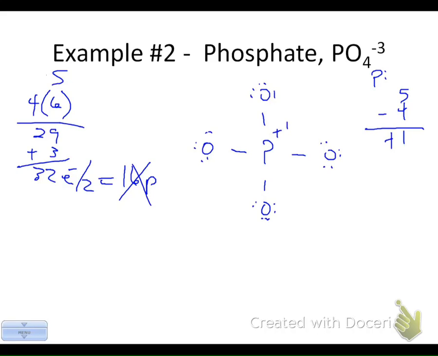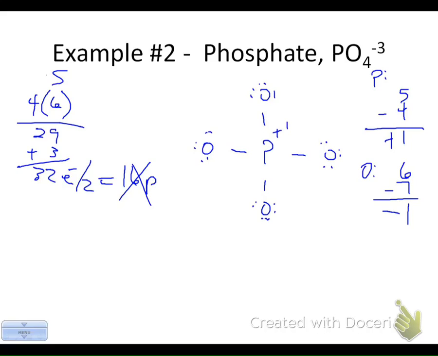How about the oxygens? In this Lewis structure, they are all the same, so I only have one calculation to make. 6 valence minus, why don't you calculate now, or you count the assigned electrons. Yep, there's 7 there. So the formal charge is -1.